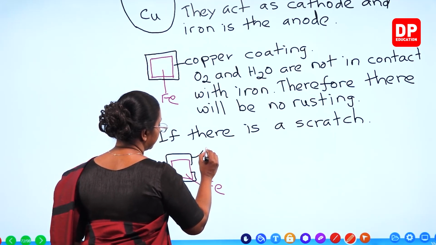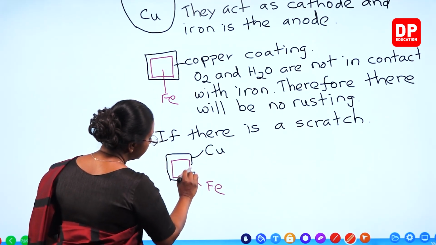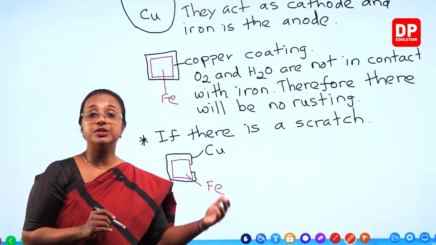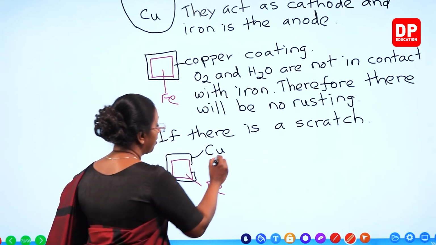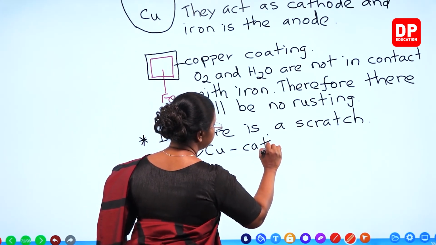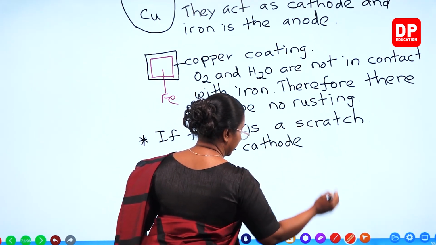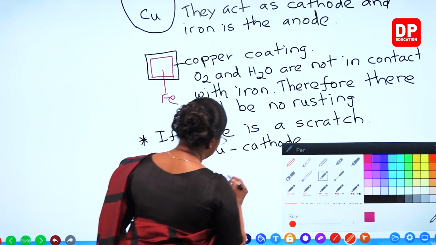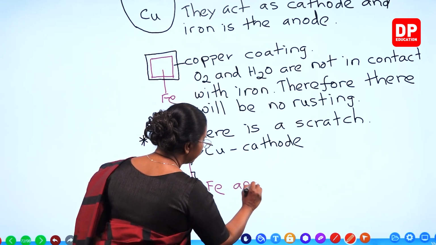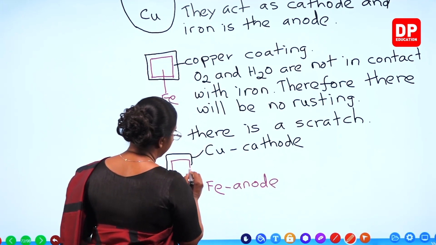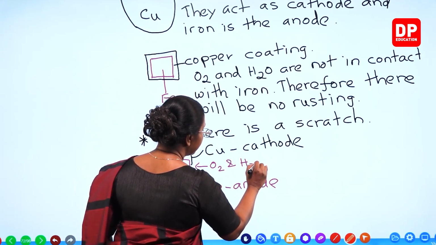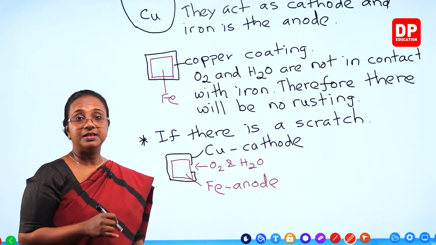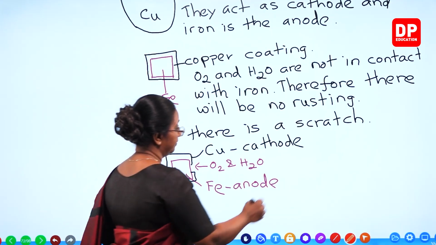This is the copper. Here iron is exposed to both air and water. Then what will happen? Copper will be the cathode and iron will become the anode, and both O2 and water are there. So there will be rusting.